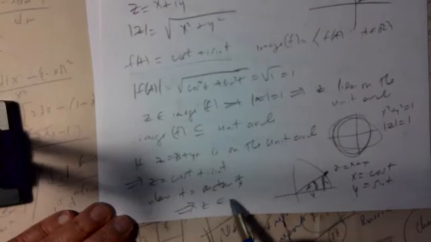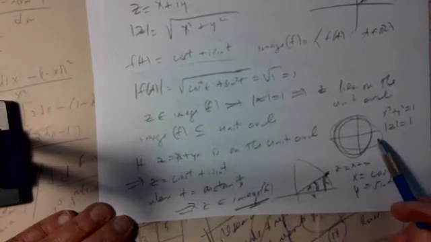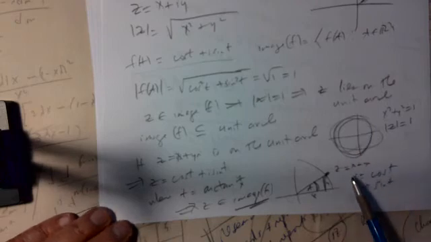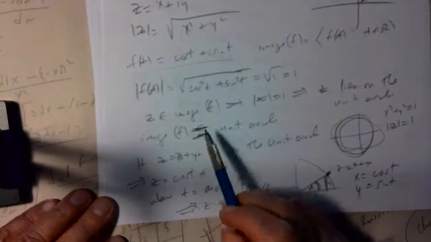So z is in the image of f. So every point on the unit circle is of the form cosine t plus i sine t. So the image of f is not just contained in the unit circle, but it's equal to the unit circle.